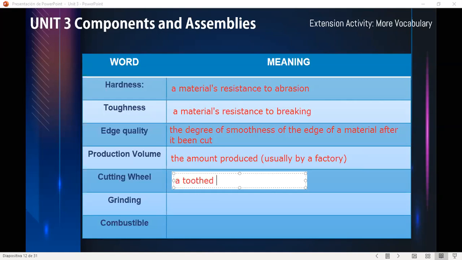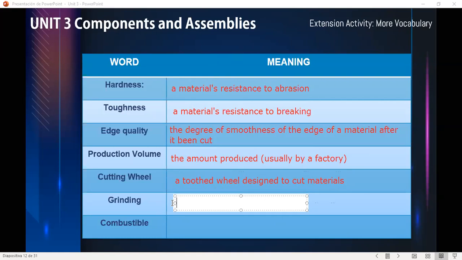I can see wood or maybe metal, different materials that some factories can produce. Exactly. So yes, the cutting wheel is known as a toothed wheel designed to cut materials.